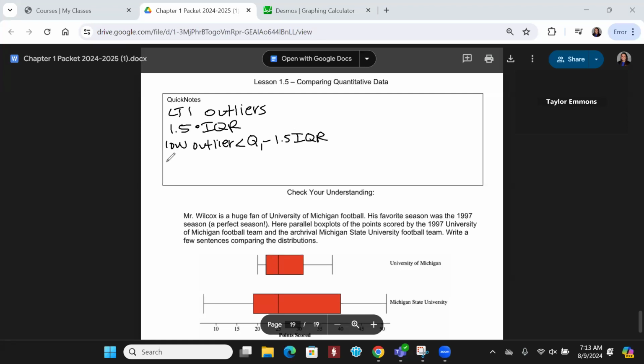The high outlier, or the upper outlier, is greater than Q3 plus 1.5 times IQR.